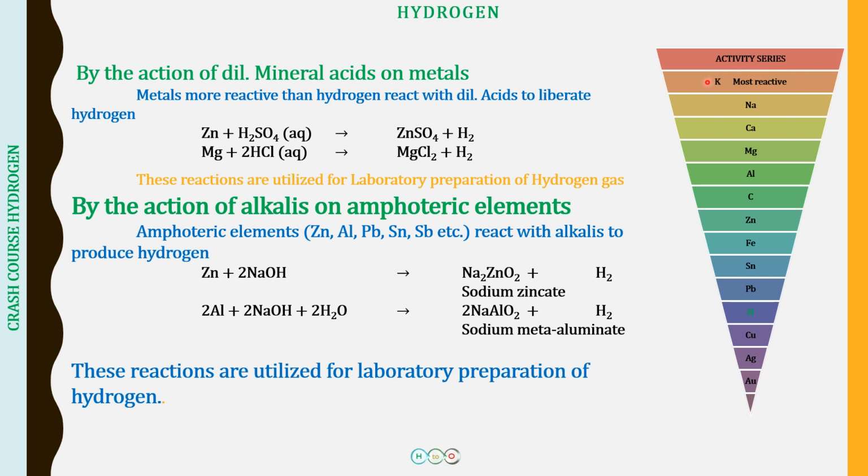So we see potassium, sodium, calcium, which are highly reactive, at the top of the activity series. They can react with cold water and produce the corresponding hydroxide. For example, sodium plus water gives NaOH plus hydrogen. So all these produce the hydroxide along with hydrogen.